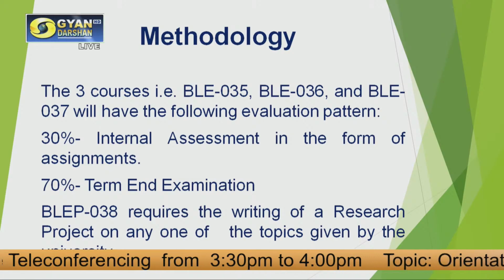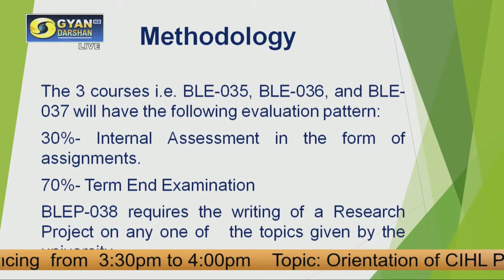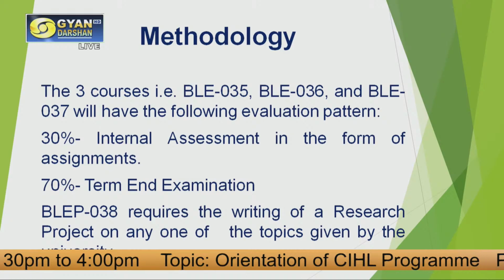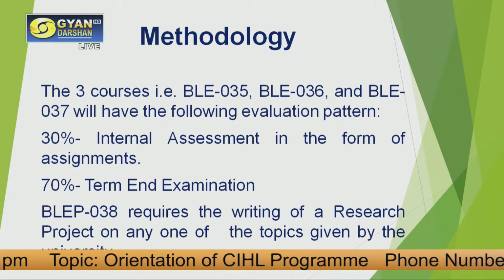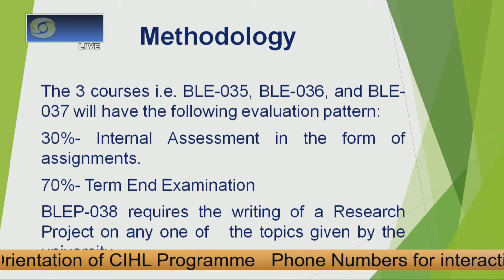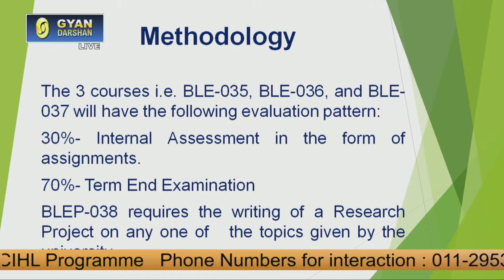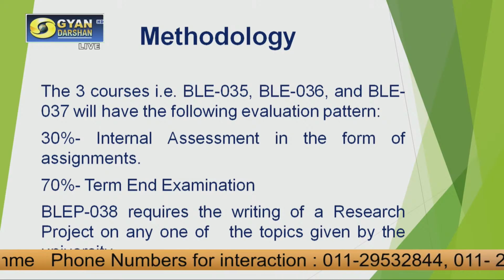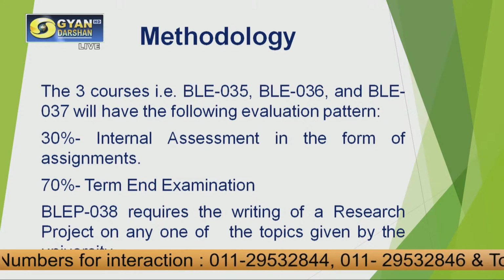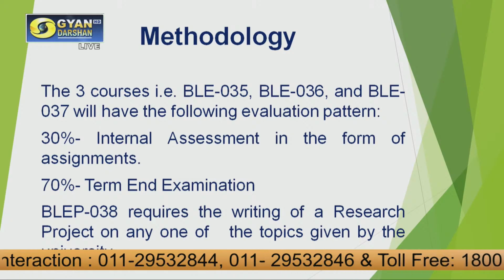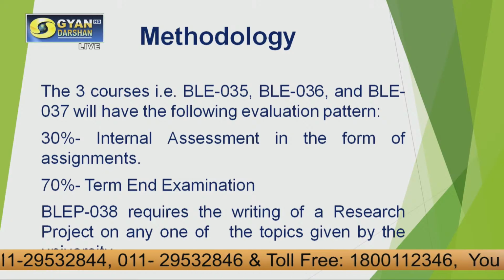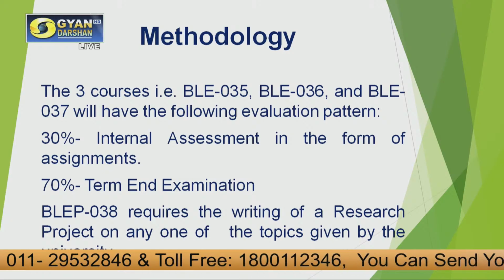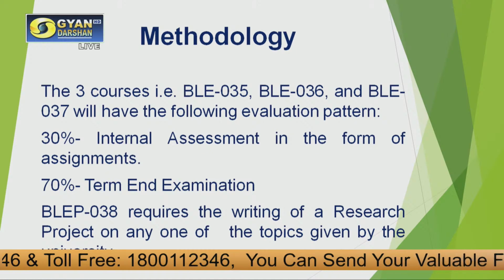So there are 3 courses, BLE 35, 36 and 37, in which 70% weightage is given to the term end exam, which is held at the end of the session in the months of December and June, and 30% weightage is given to the assignments.